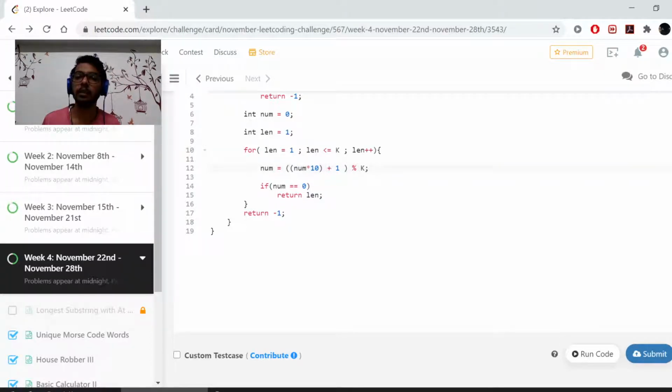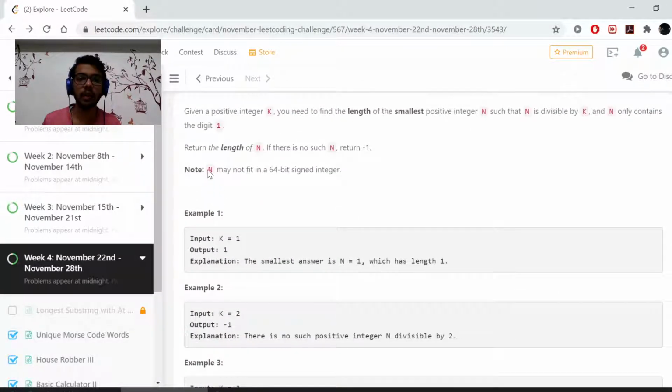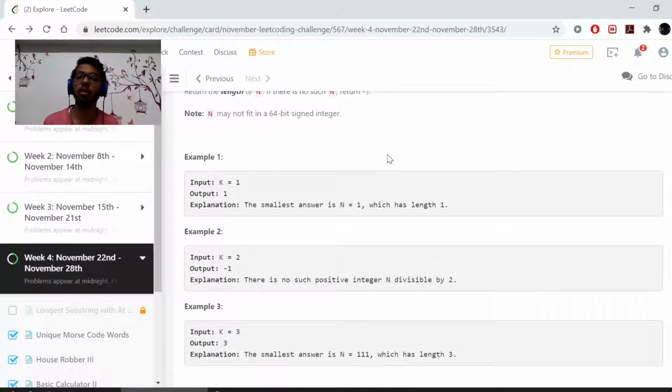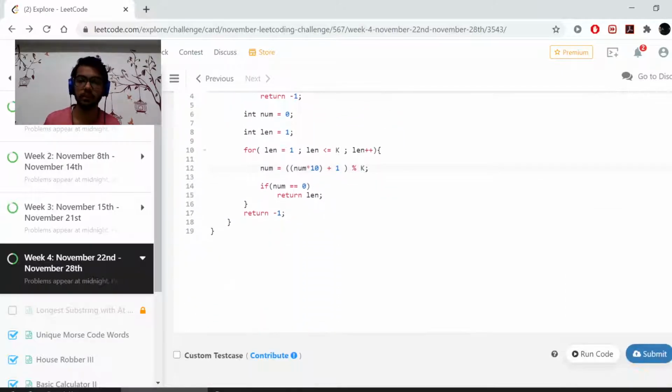Since it is given that n may not fit in a 64-bit signed integer, whenever you hear the word overflowing or not fitting into a particular data type, there are only two things you need to think about: using long int, and using a modulus. Because if it does not fit, you can always take a modulus of it.